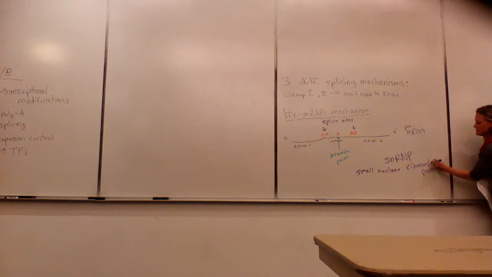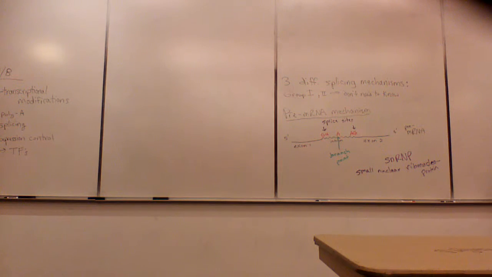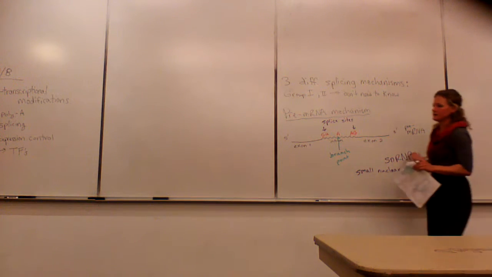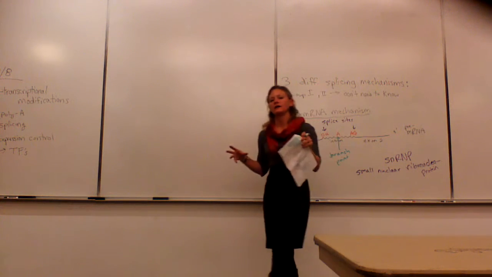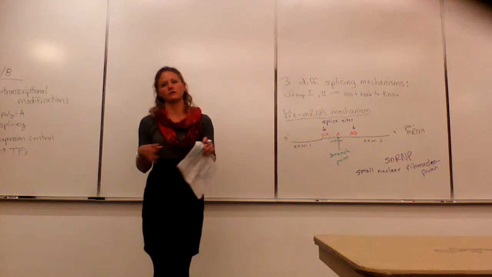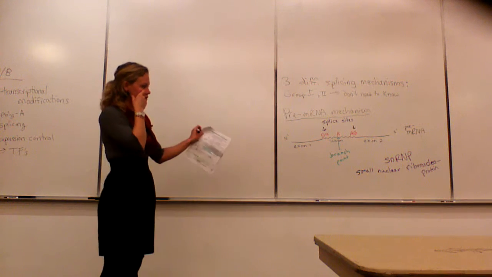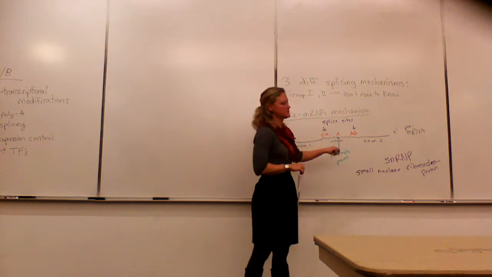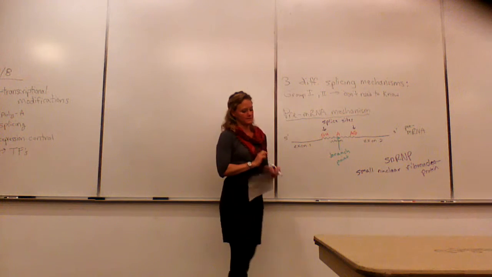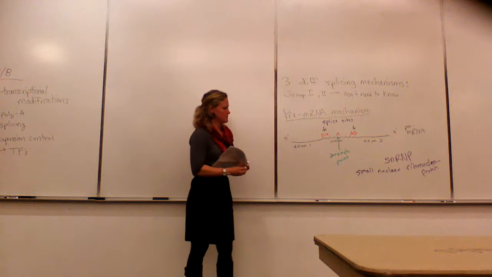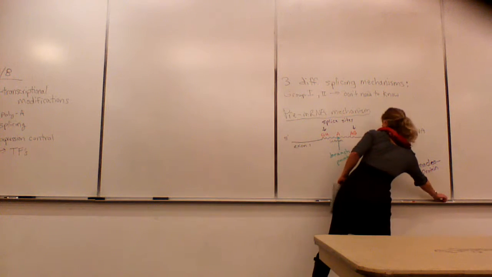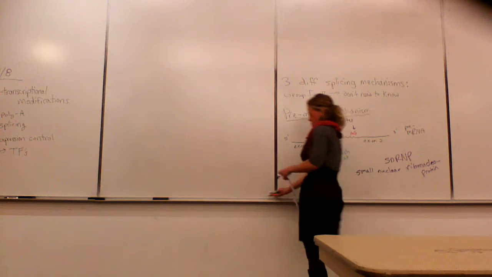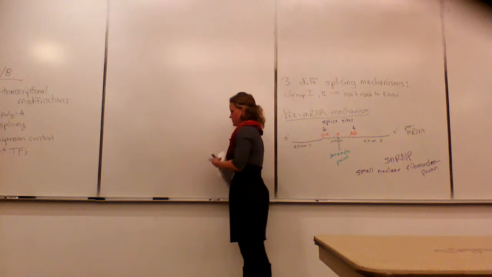So these are small, made up of RNA and proteins together, and they're catalytic, they're enzymatic. And so these SNRNPs are what's going to make this splicing happen.